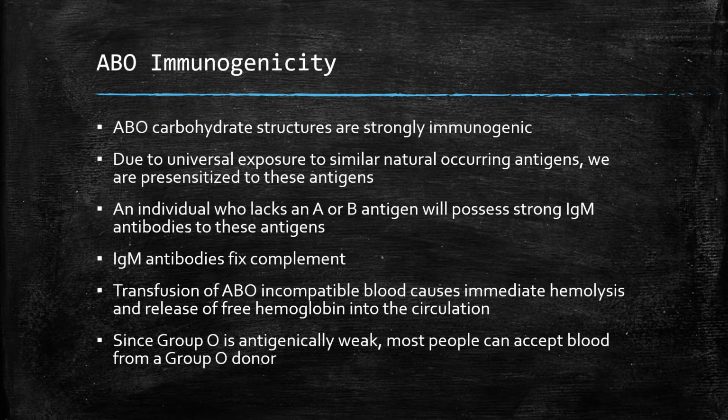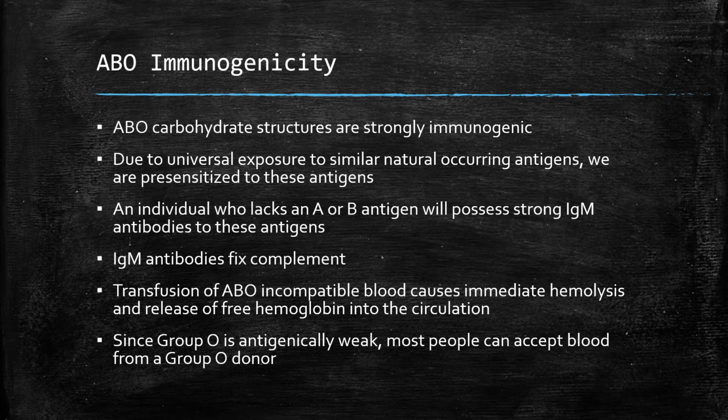In other words, if an individual is blood type A, they will have strong IgM antibodies against the B antigen, and vice versa. These IgM antibodies cause the immediate fixation of complement, and so you end up with an immediate hemolytic reaction and the release of free hemoglobin into the circulation.